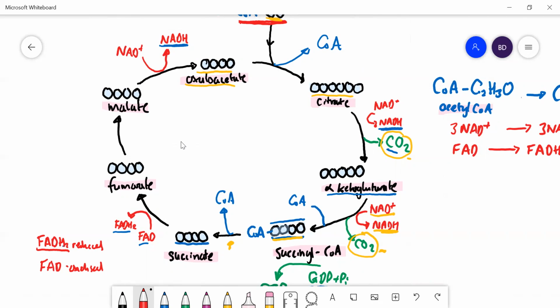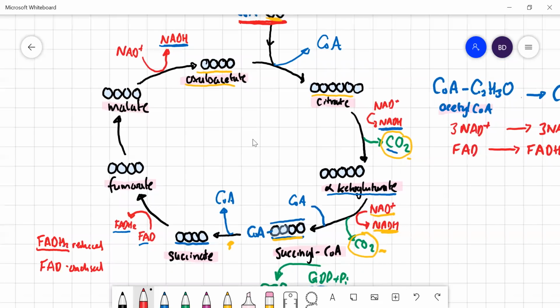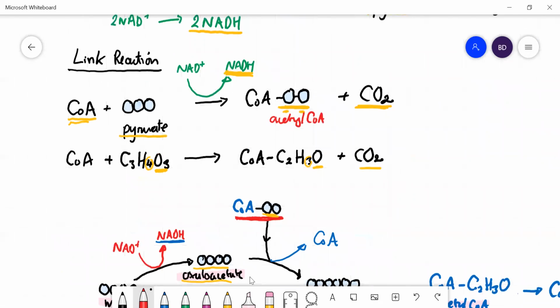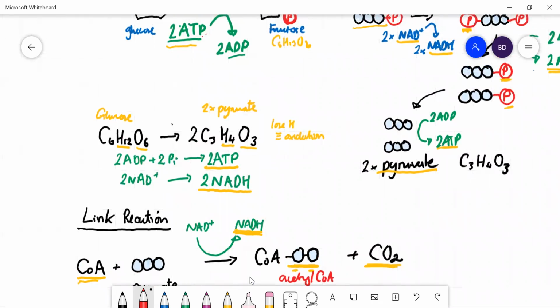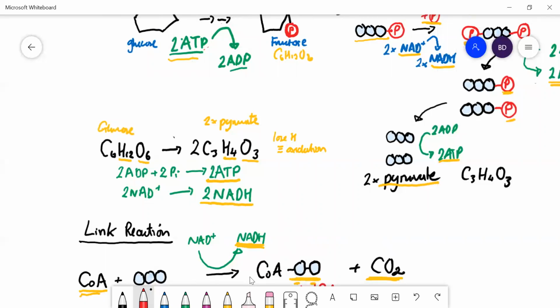Okay. Incidentally, I should say where these reactions are occurring. The citric acid reactions are all in the mitochondria. And if I just scroll up here, there we go. Glycolysis, this bit where you end up with pyruvate, all occurs in the cytoplasm outside the mitochondria.